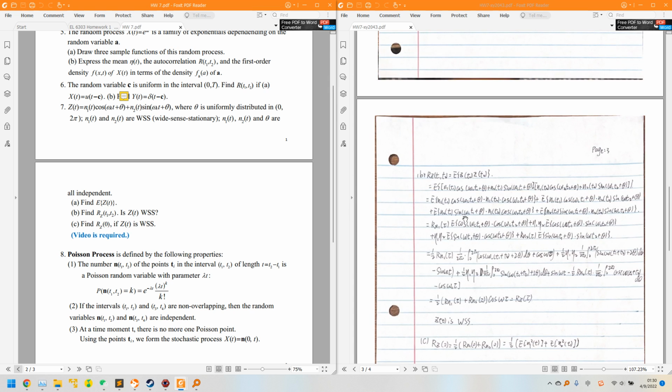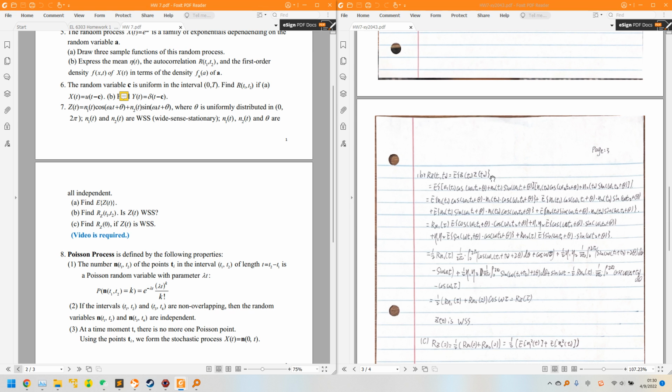And for problem B, we need to find out the R_Z of t1 and t2, and check that Z(t) is WSSS. So first we need to calculate R_Z of t1 and t2, which equals the expectation of Z(t1) times Z(t2).